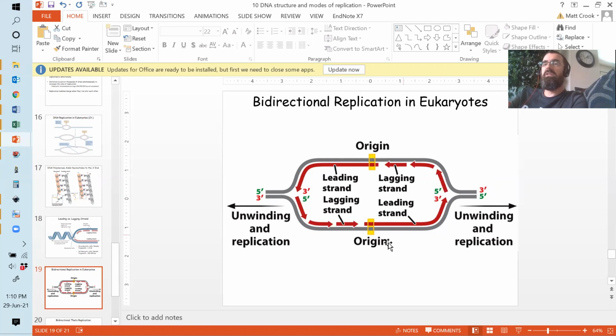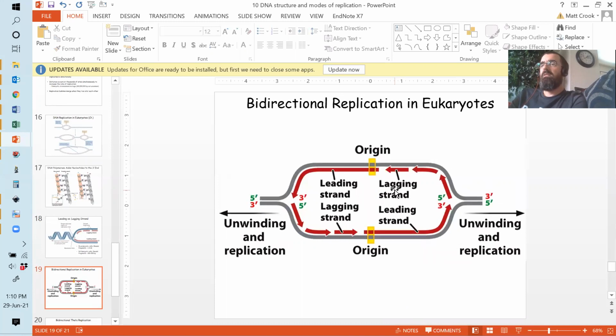And so now when you look at it from this single origin of replication in the middle, let's get rid of that to make it a little bit bigger. Right. Now we have our bidirectional replication. Each one of those replication forks has its own leading and lagging strand. Leading strand that's synthesized in the direction of that replication fork movement.